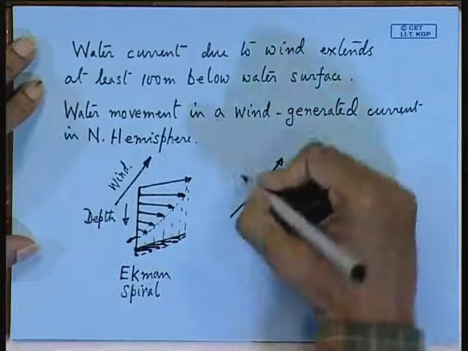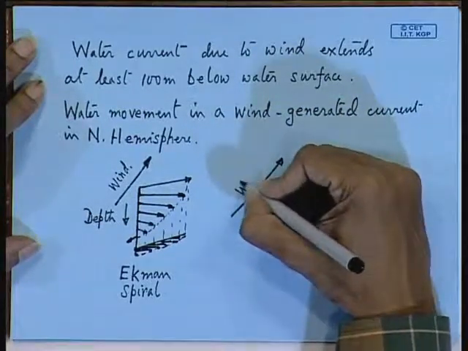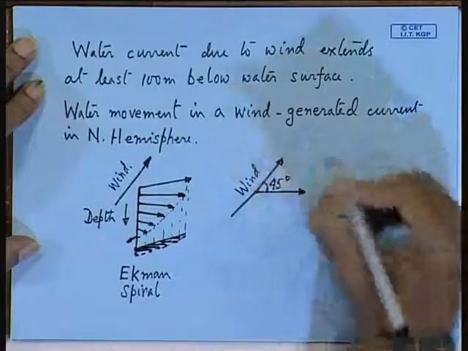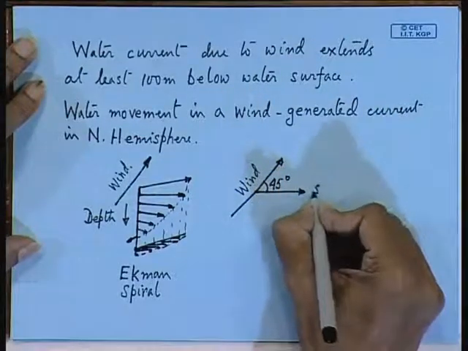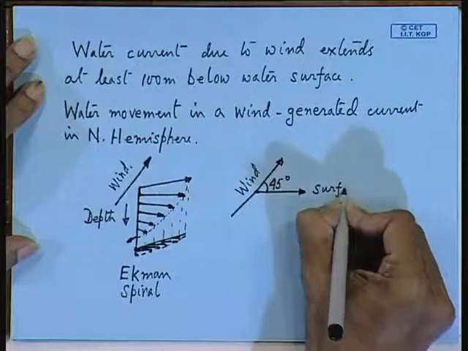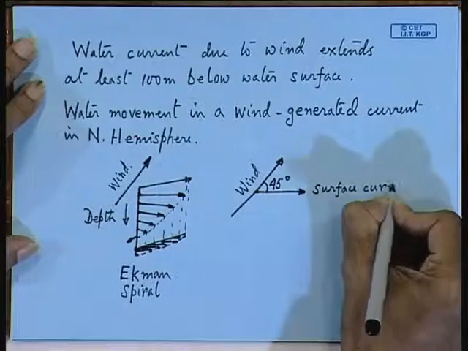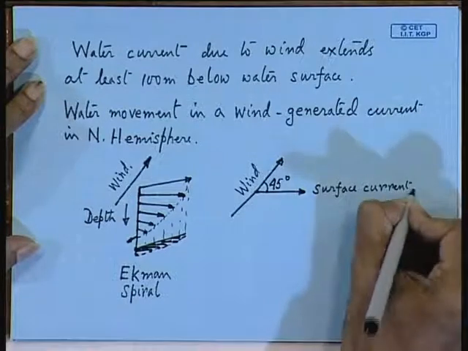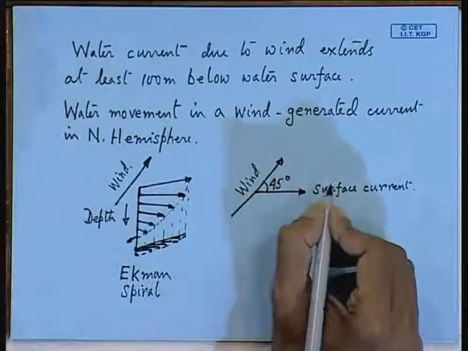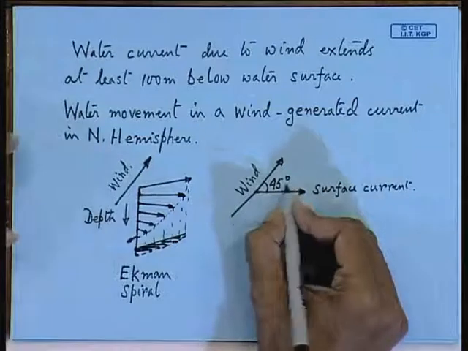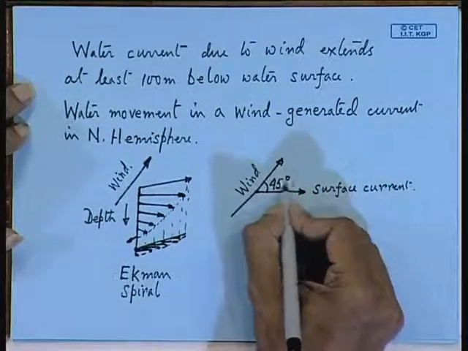So, this is your wind direction, and this one is the direction of surface current. Now, in most cases it will be 45 degrees, but this angle varies.